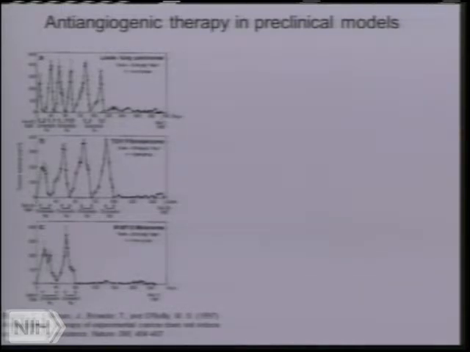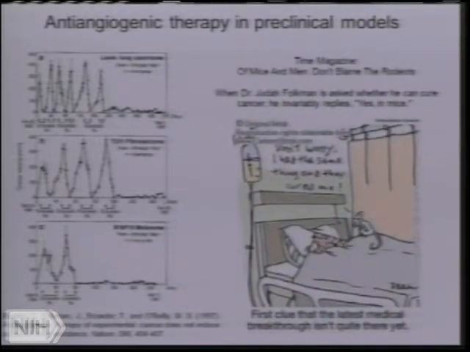Now, these are xenograft models. These are mice. When people asked Judah Folkman, can you cure cancer with anti-angiogenic therapy? He said, sure, in mice. I can cure them in mice. A completely different story is what happens in humans, right?